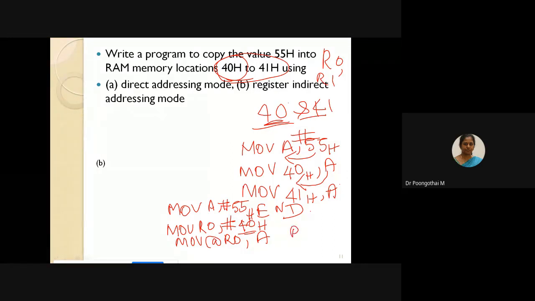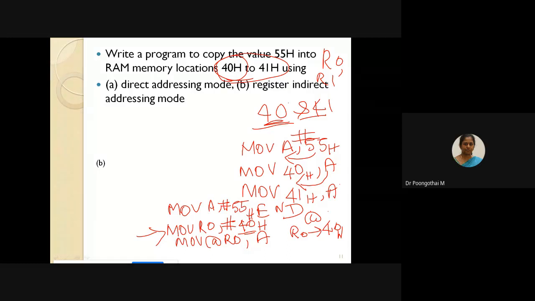Now your R0 is pointing to which address? 40H. At the @ symbol, I mean the address pointed to by R0. So your R0 is pointing to 40H. So the accumulator value is now transferred into the address pointed to by R0, that is, whose address is held by R0.